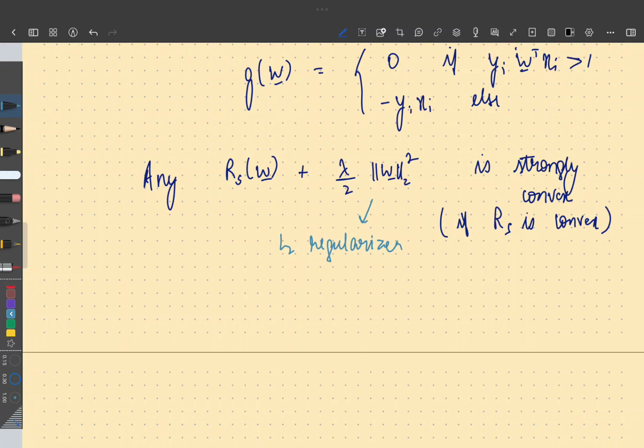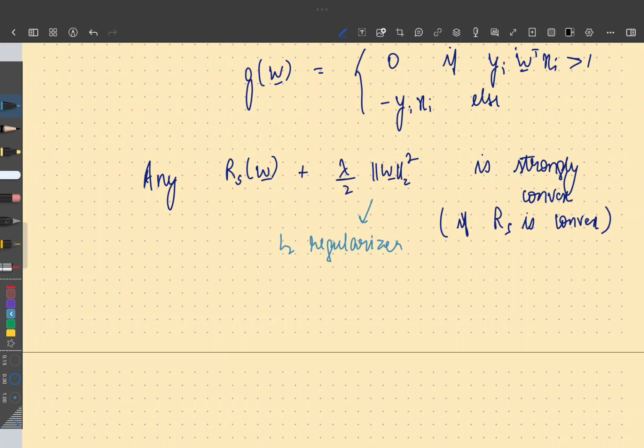So that's another reason for choosing the L2 regularizer. It makes the objective function strongly convex. And what do I mean by strongly convex? There are different equivalent definitions of strongly convex.